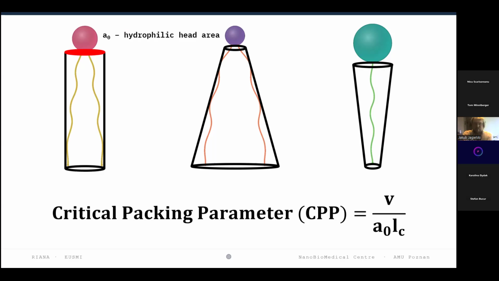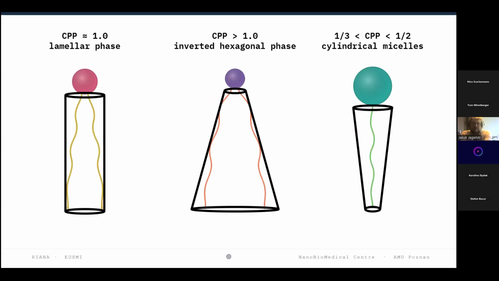Just to show you how each of these parameters is described, here you can see the hydrophilic head group. This is the hydrophobic tail length, and shaded in red you can see the volume of the hydrophobic region. When CPP is approximately 1, the molecule is effectively cylindrical, so the spontaneous curvature is near 0, and we obtain flat bilayers similar to those found in biological cell membranes.